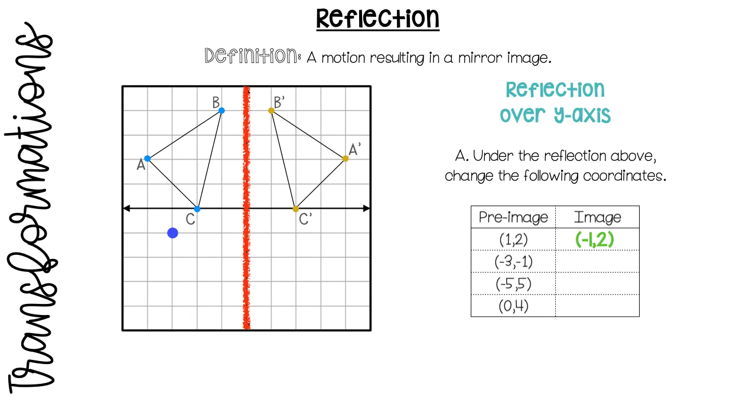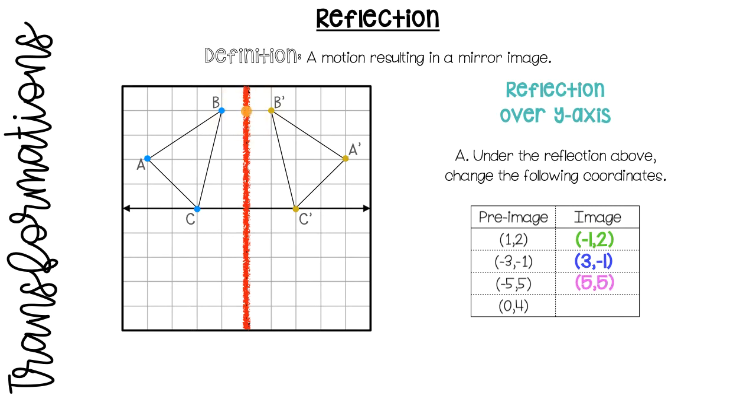Again, I want to flip it over that y-axis. So if it's 3 to the left, I'm going to move 3 to the right to get (3, -1). (-5, 5). Again, that's 5 to the left, so I'm going to move 5 to the right. So it's a perfect flip over that y-axis at the point (5, 5).